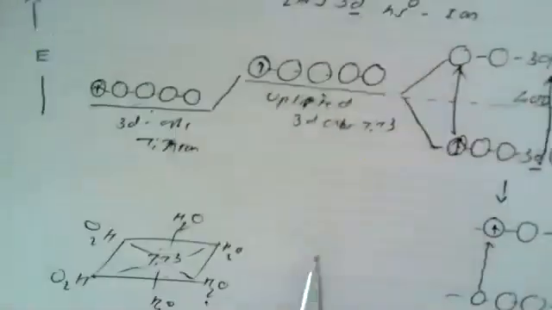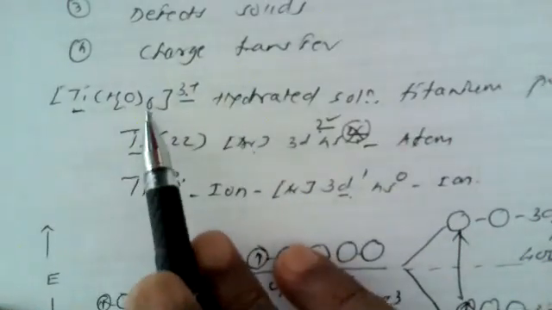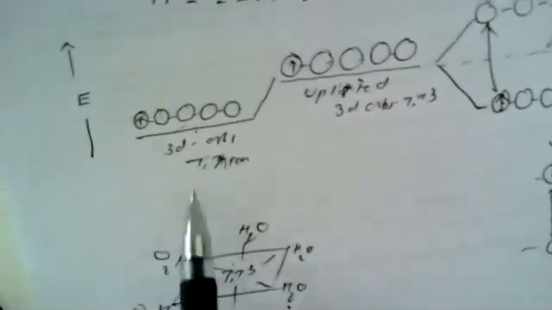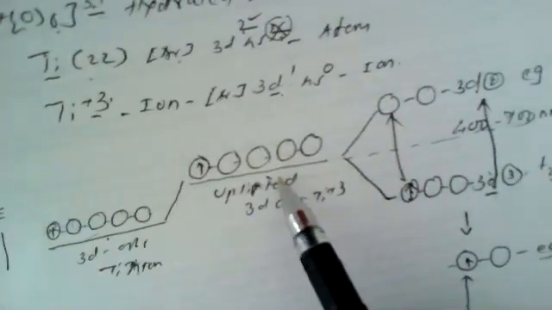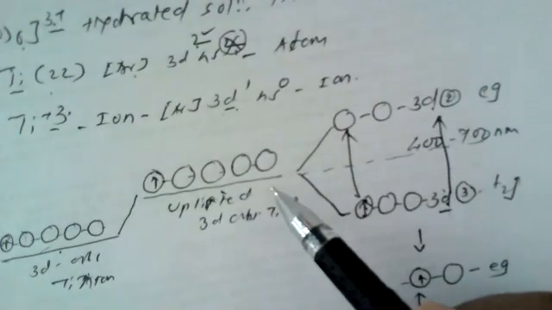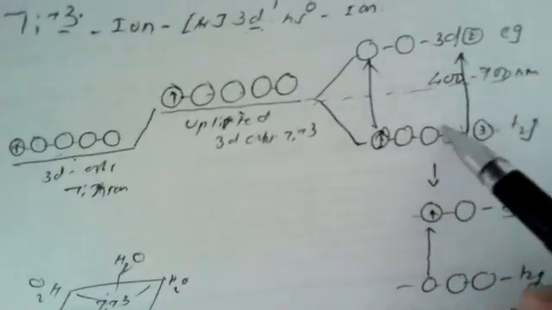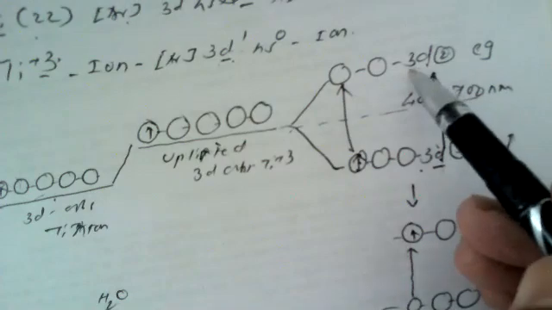This is because the 3d orbital of titanium contains a single electron. When the 6 water molecules come around the 3d orbitals of titanium, these 3d orbitals are somewhat uplifted. That means the energy content is increased, and to form an octahedral complex, the 3d orbitals of titanium are now split up into 2 sets: one set having 3 orbitals, another set having 2 orbitals.